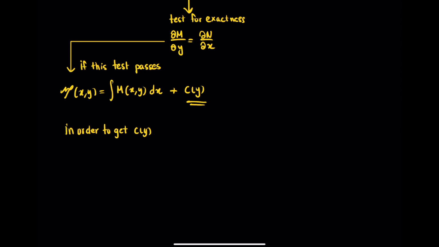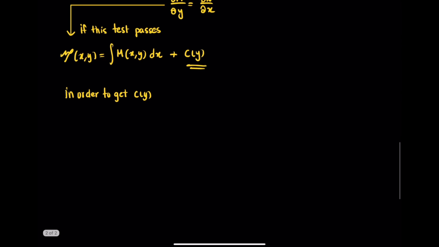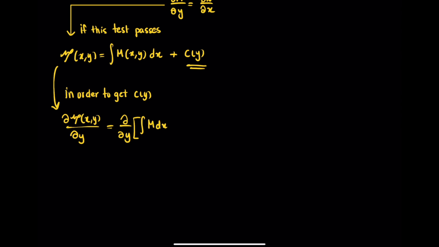So let me show you what I'm trying to say. If that was a lot, I apologize. Just watch. Right in this step, I'm going to take the partial derivative of psi(x, y) with respect to y. What I do on one side, I have to do to the other side, right? So I take the partial derivative of the right side with respect to y, so that means the integral of M dx plus c(y), like so.